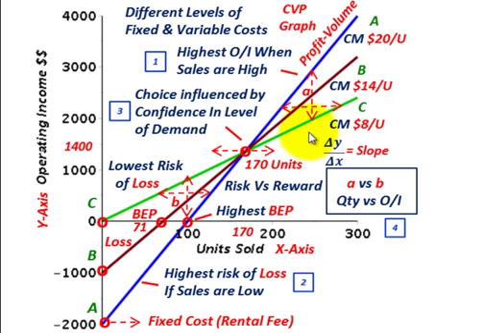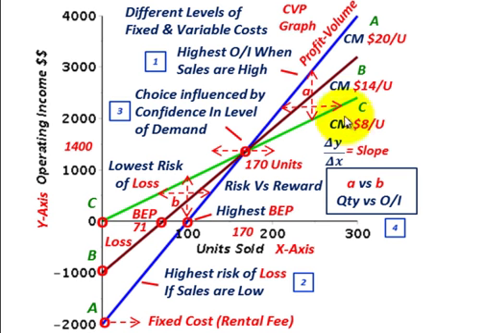Option C has the lowest operating income, with option B somewhere in between. That's just picking out one constant number of units that we sell. And as you can see, the spread gets to be much wider.